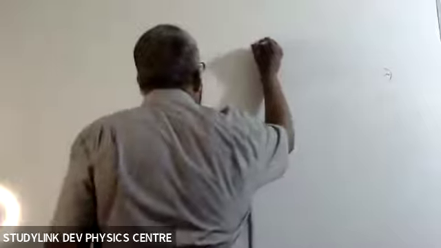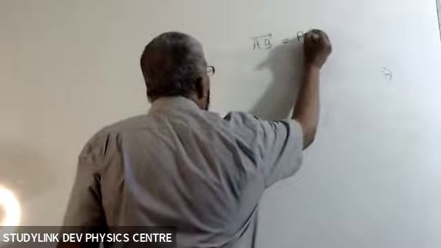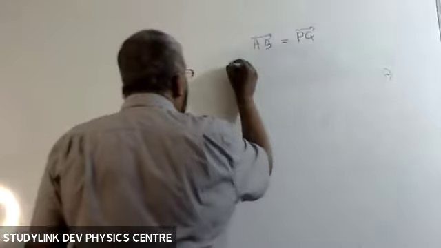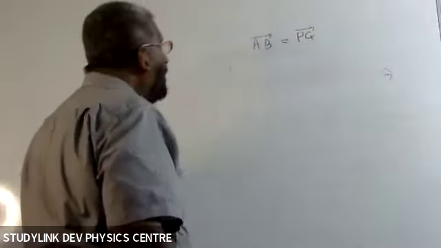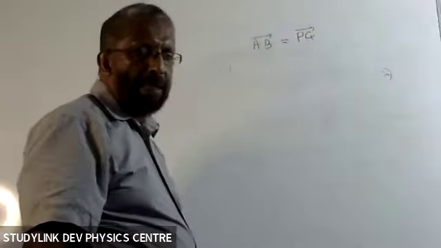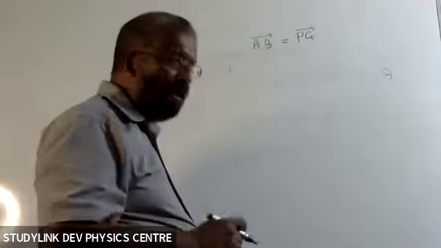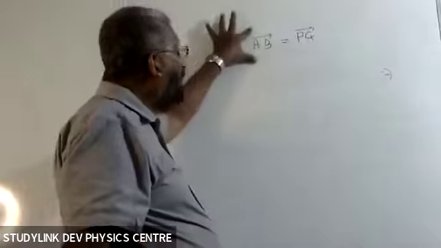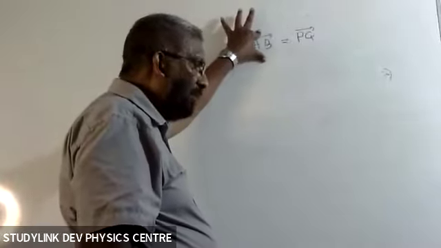We'll say then vector AB is equal to vector PQ. Then what are the conditions to be met? Those three actually. Number one, magnitude of AB must be equal to magnitude of PQ. The value of the vector is called magnitude.